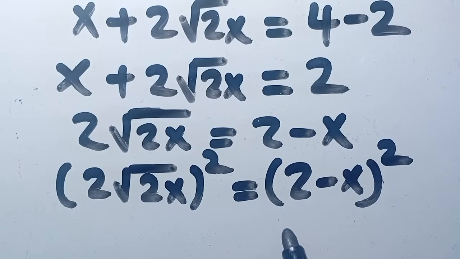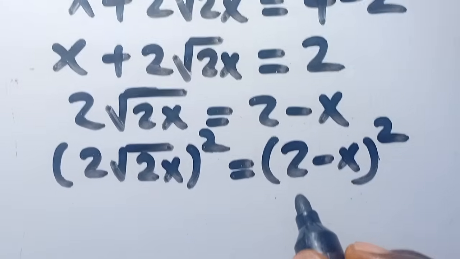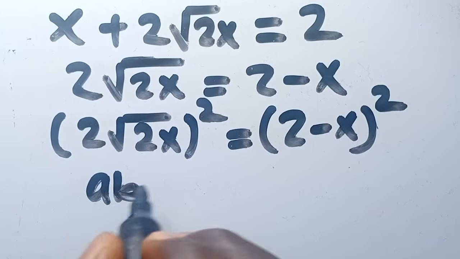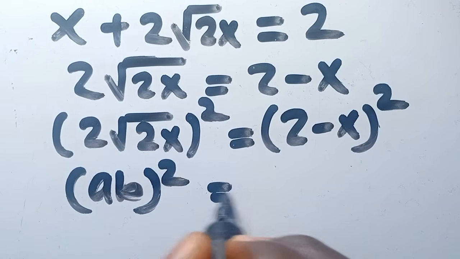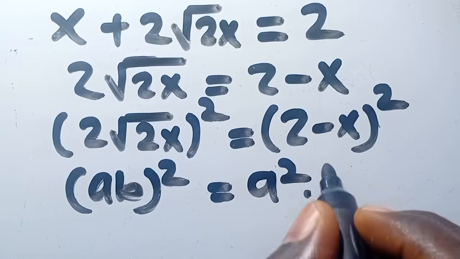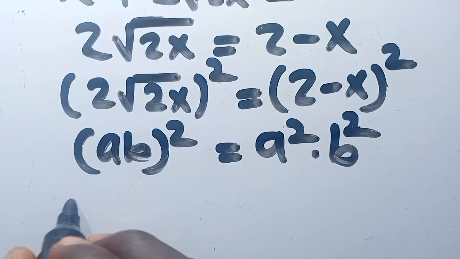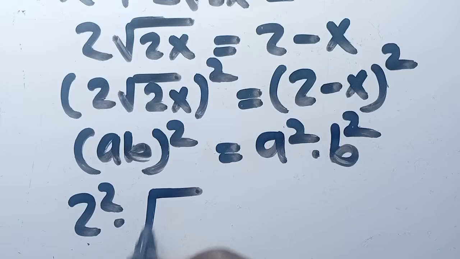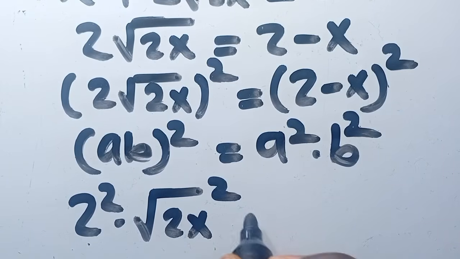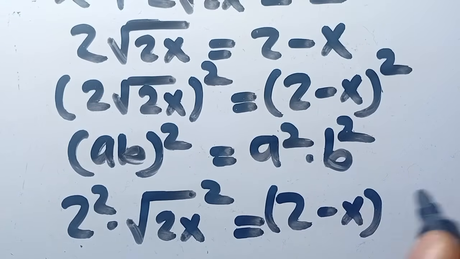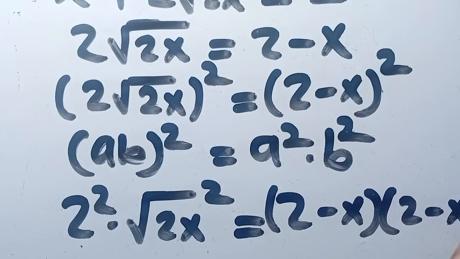So from here we have (ab) squared equals a squared times b squared. So we have 2 squared times root 2x squared equals 2 minus x, the expansion, 2 minus x times 2 minus x.